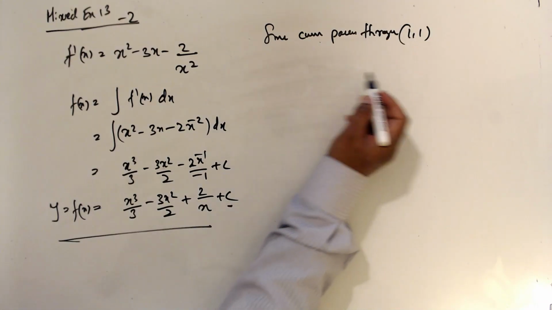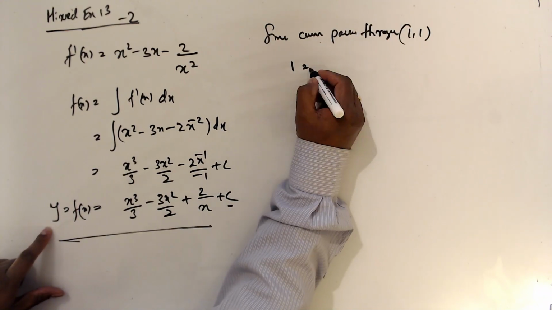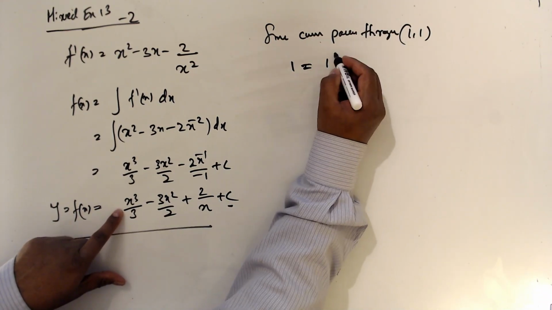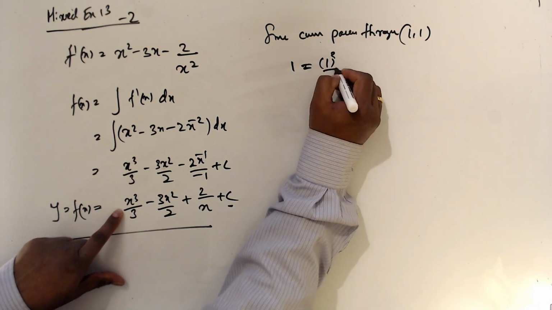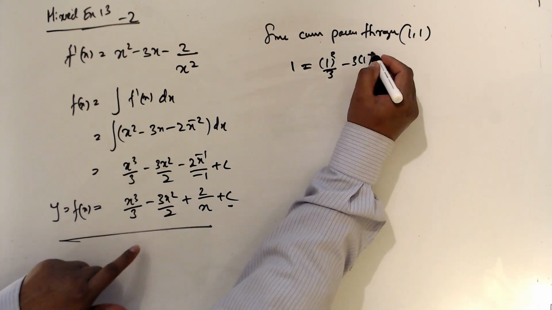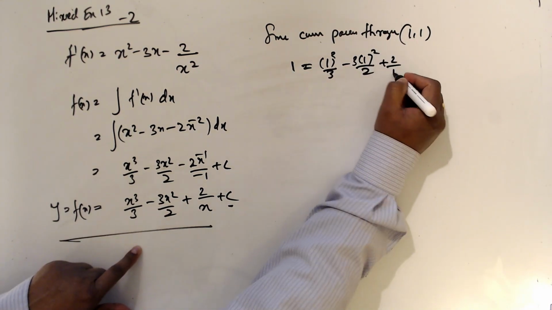So the y value, or f(x) value, is 1 and the x value is 1: 1 cubed over 3 minus 3, again x value is 1 squared over 2 plus 2, 1 value is 1, plus c.